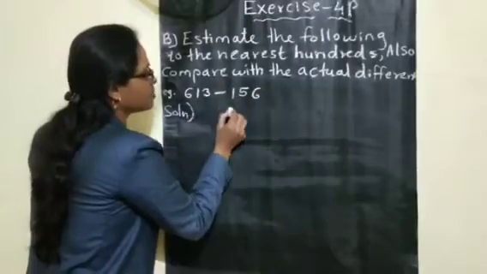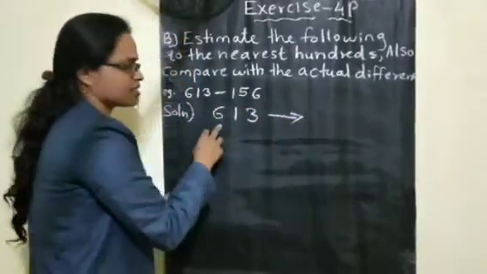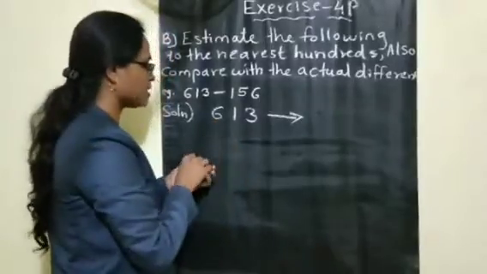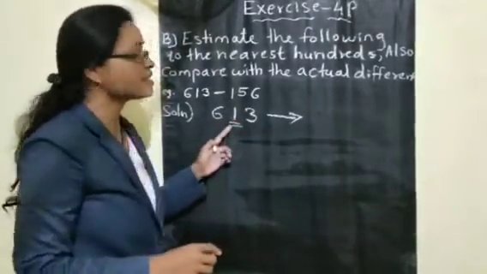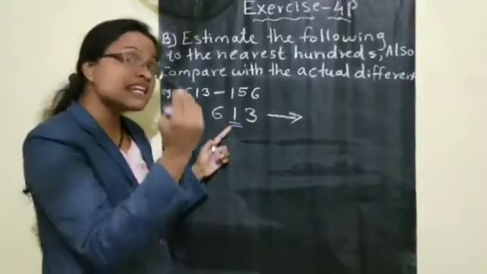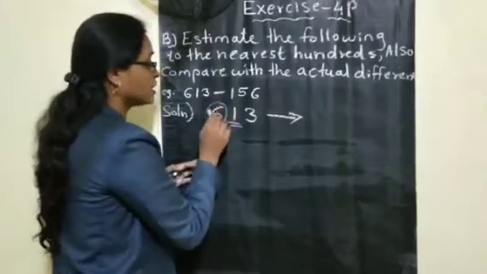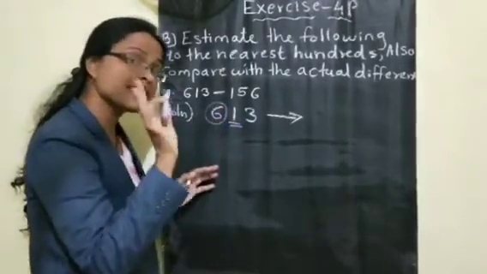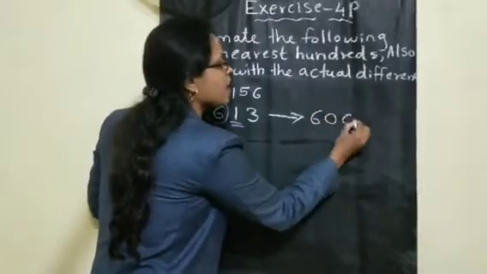First let us take the number 613, that we have to round off to the 100 place. For that we are observing the tens place. In the tens place the number is 1, means it is less than 5. If it is less than 5, this 100 place number, that is 600, will remain as it is. So here the answer will be 600.